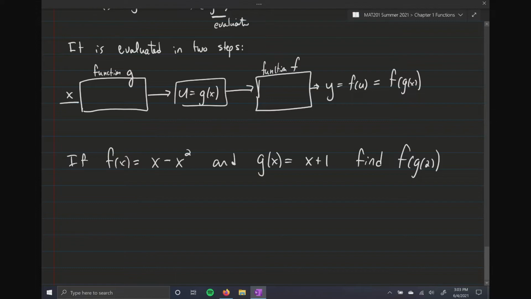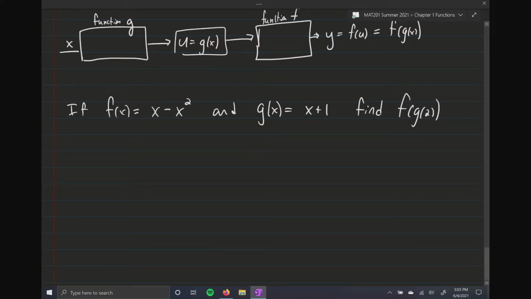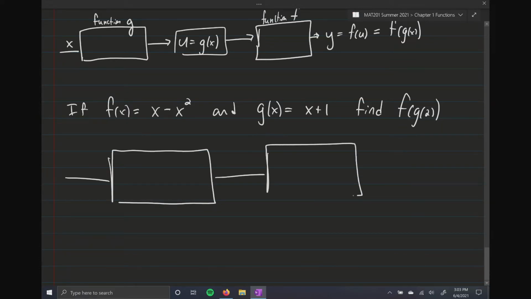All right? So remember, I'm going to draw this out first, and then for the next example, I'm just going to use algebra to do it. So we have two functions here. The first one is called g, because that's the inside function. And then the second one is called f, that's the outside function.